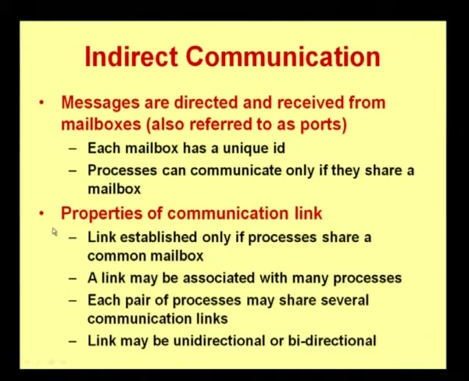Here the properties of indirect communication: the link is established only if processes share a common mailbox. The link may be associated with many processes. Each pair of processes may share several communication links. A link may be unidirectional or bidirectional, so indirect communication can be used for a bidirectional link also.